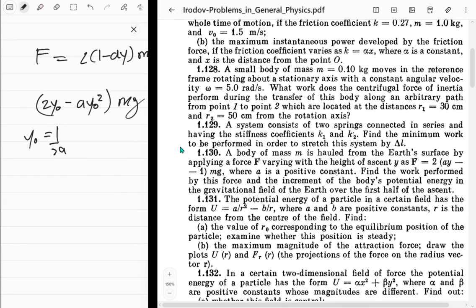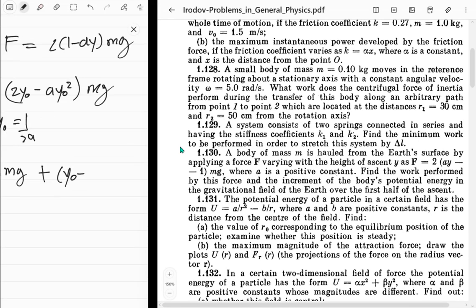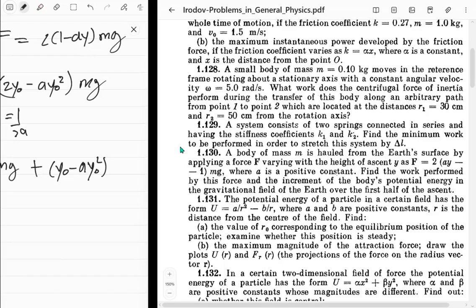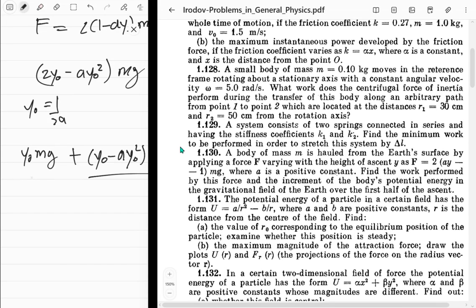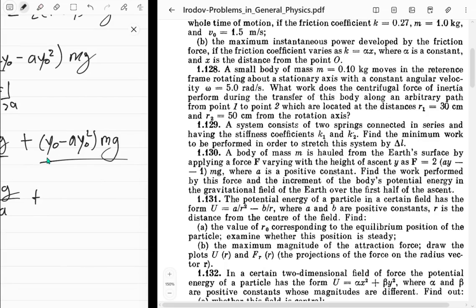Now the increase in potential energy of gravity is just y naught mg, right? So this thing is just y naught mg plus y naught minus a y naught squared mg. This thing is the change in kinetic energy, and this is the change in the potential energy. Now y naught is 1 upon 2a. Putting this in there, we get mg upon 2a, and then plus 1 upon 2a minus a upon 4a squared, so basically minus 1 upon 4a.